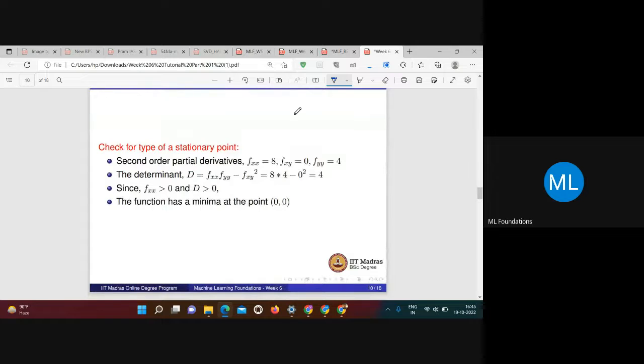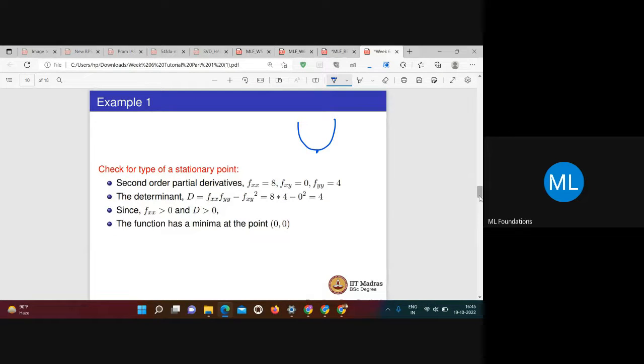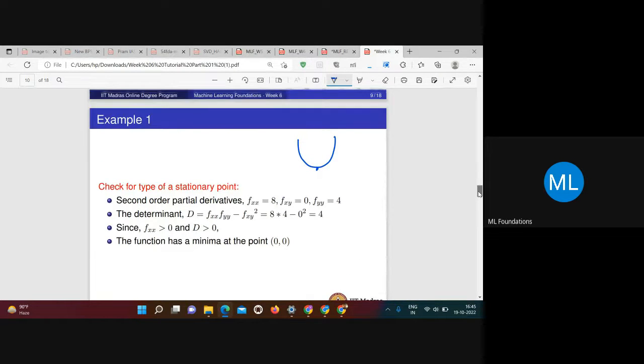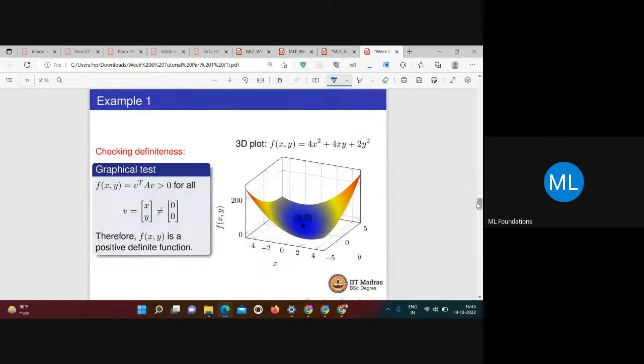Because it's positive definite, you can directly say it's a minima, because positive definite will be something like an upward bowl. So the stationary point will be a minima. If you are able to see the behavior, then you can say everything about the stationary point and other aspects also. This is a plot for this matrix. This is an upward bowl, coming upward in every direction. This is a positive definite function.